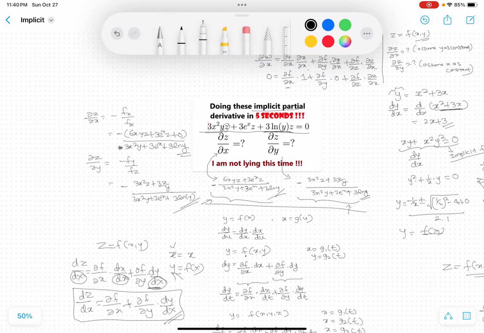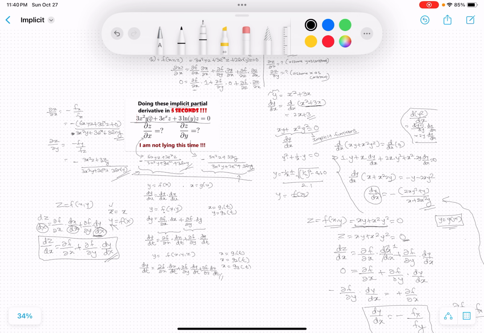I don't really think my explanation was that good. And I've noticed that the more topics there are, like in this one there are implicit derivative, partial derivative, multi-variable chain rule, the more things are involved, the less easy it is to explain everything, right?